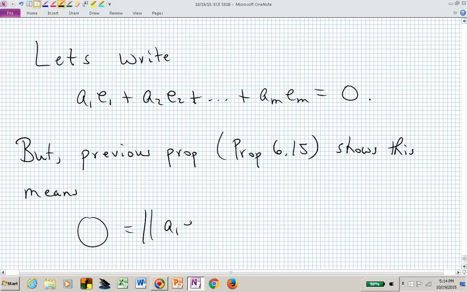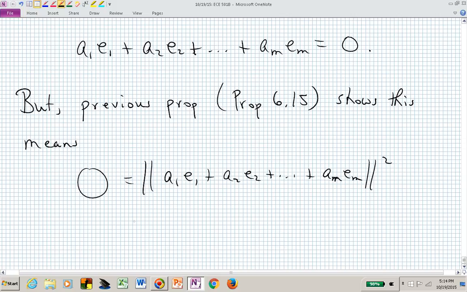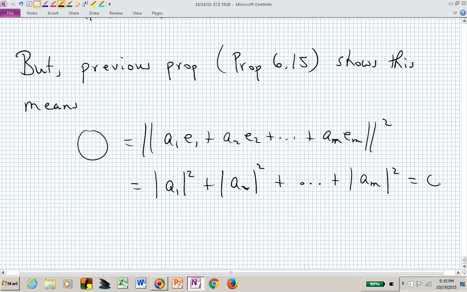But if we looked at a1 e1 plus a sub 2 e sub 2 plus a sub m e sub m, and we took the norm of that squared, what do we know about that norm squared? We can find it by taking each of the absolute values of the scalars and summing their squares. So that's now the absolute value of a1 squared plus the absolute value of a sub 2 squared, etc., plus the absolute value of a sub m squared. But if that's equal to 0, what does that say about the a sub i's?